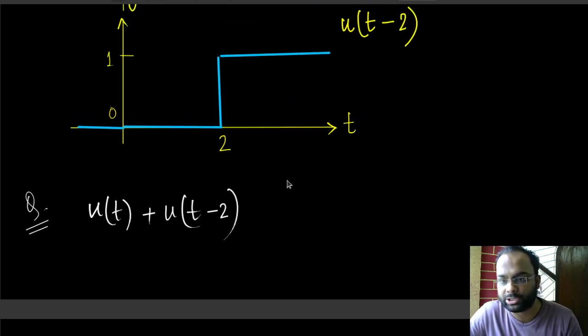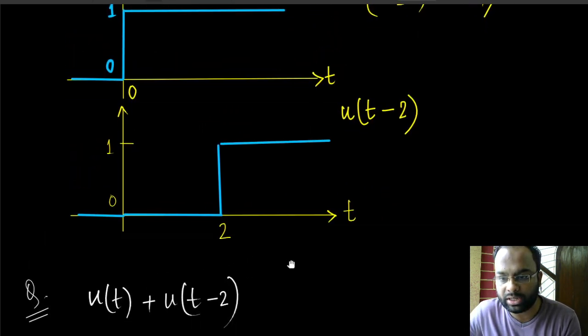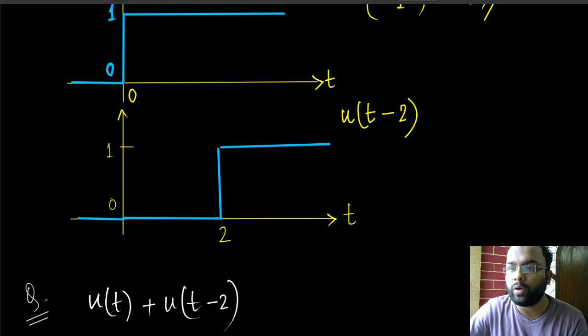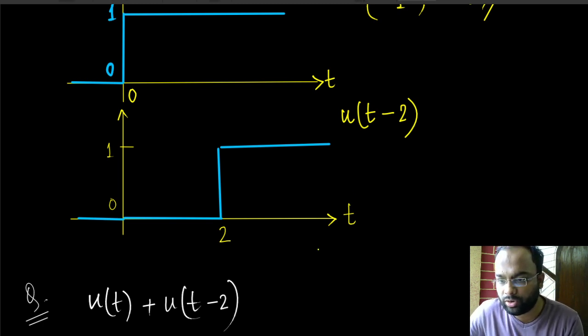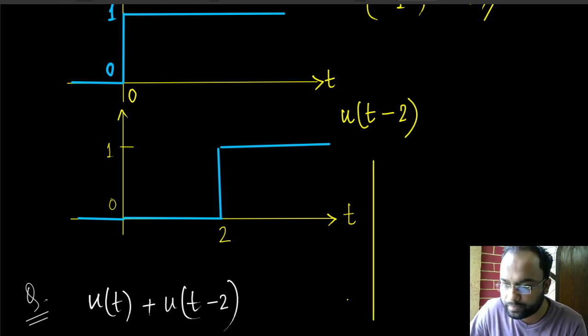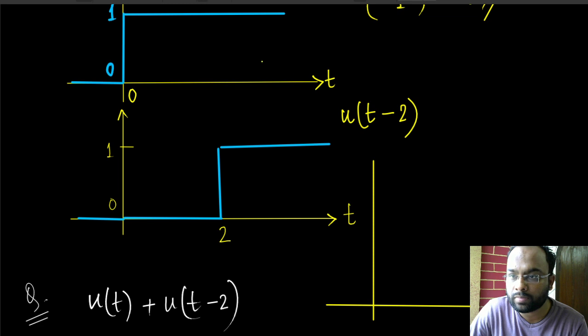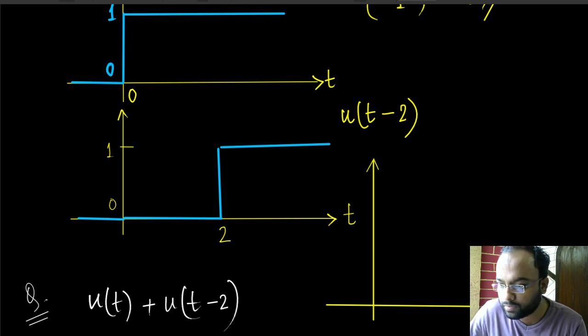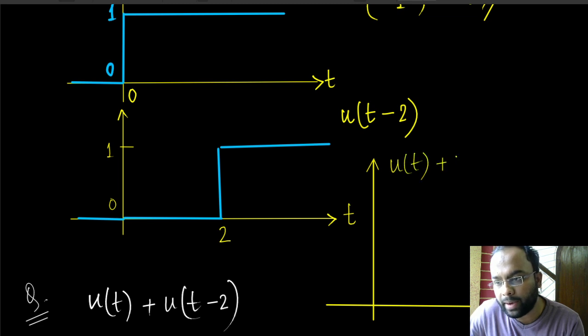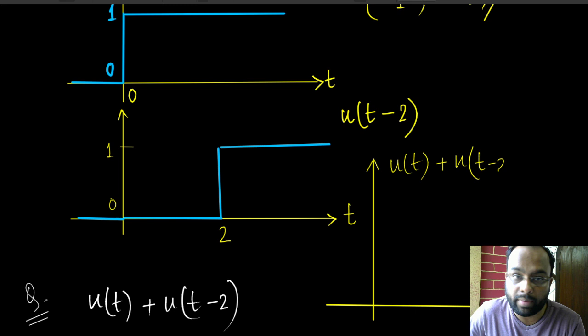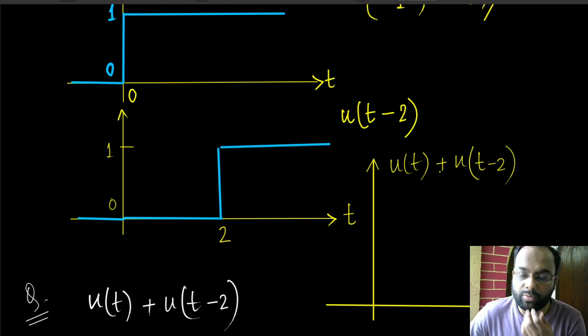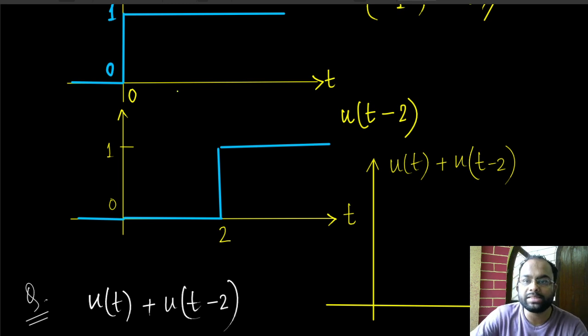We want to add two signals, specifically these two signals. So let's draw our axes here. Now here we are actually drawing u(t) plus u(t minus 2). No, it won't be the same u(t) signal, right? What is happening is we are adding these two signals.